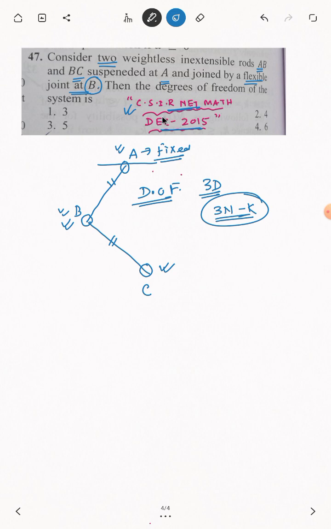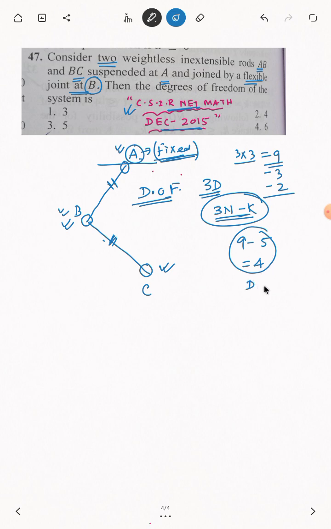Don't mind that it is not going to be solved here, but first of all you should think on your own to solve it. I am giving some important clues, and with these clues and the previous lectures you can easily solve it. A is fixed, so it is a three particle system. If these three are free, then total 3 into 3, 9. But this point is fixed, that means 3 is already eliminated. Two constraints, two rods, so these two are also eliminated. So ultimately 9 minus 5, so 4.